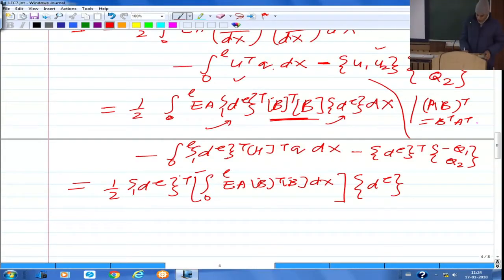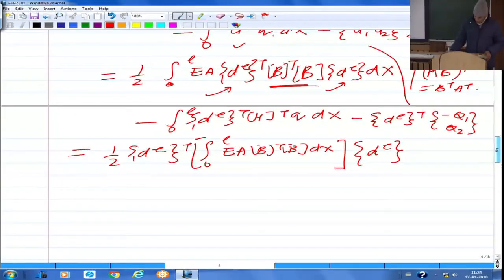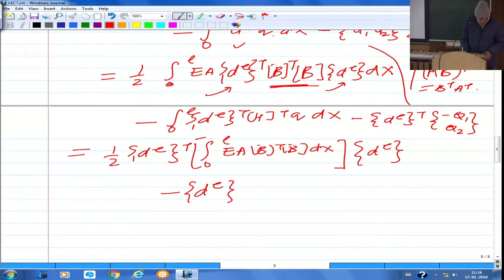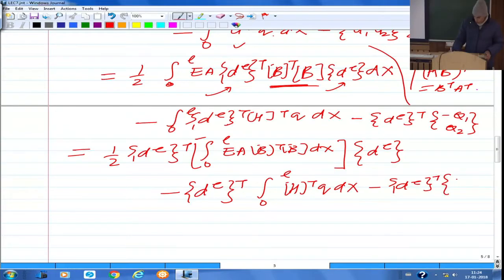So this de transpose I have taken on the left side, this de on the right hand side, and then in the second term, of course, you can take that as common, so you can write that as de transpose integral 0 to L and then H transpose into Q dx, and of course the last is as it is, de transpose into minus Q1 plus Q2.